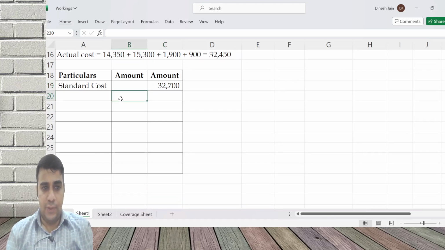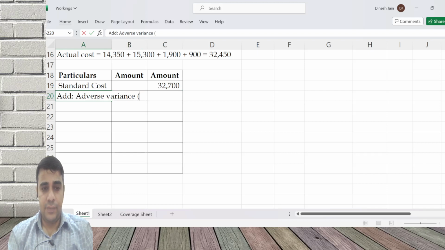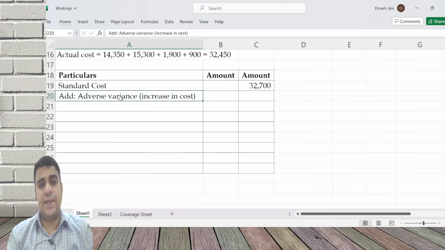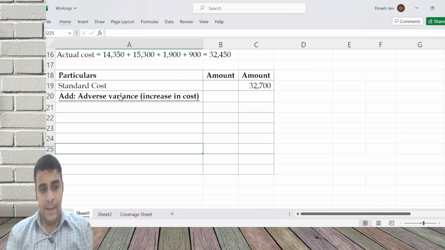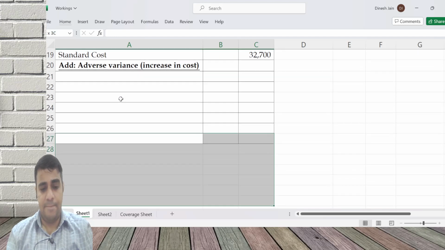Standard cost 32,700. Add adverse variance, in bracket increase in cost. Any adverse variance will lead to increase in cost. We are adding the adverse variance. Give some 5-6 lines gap.